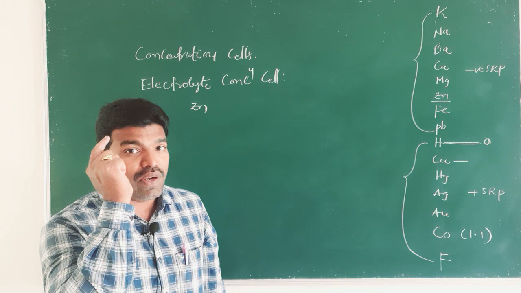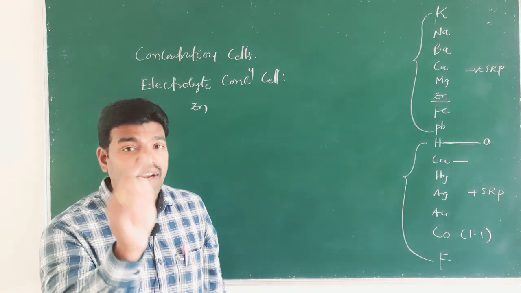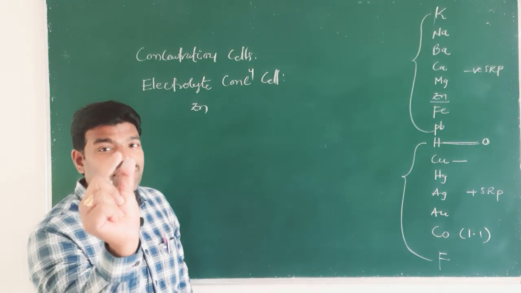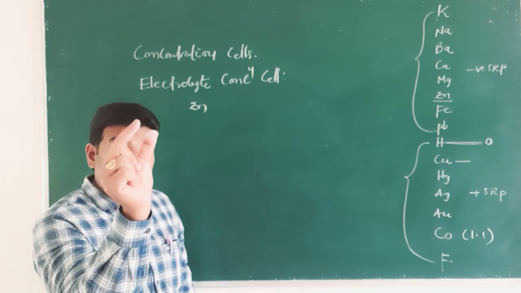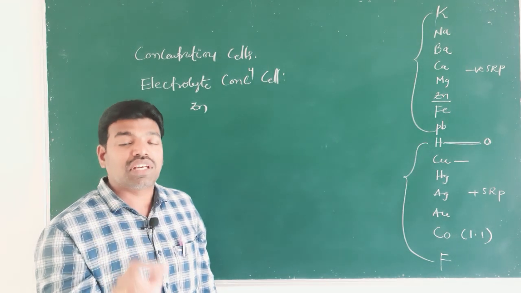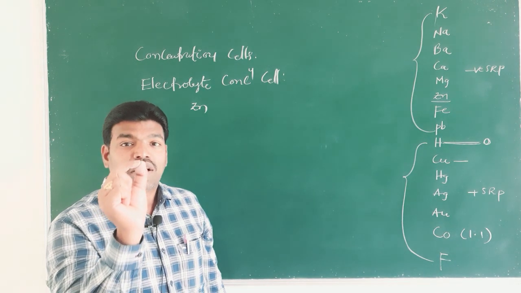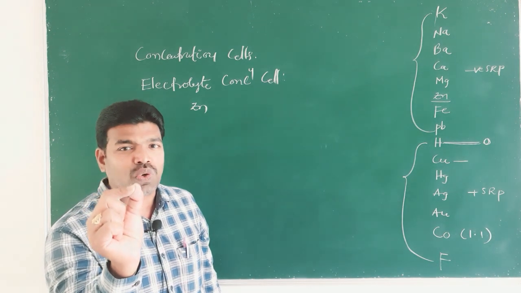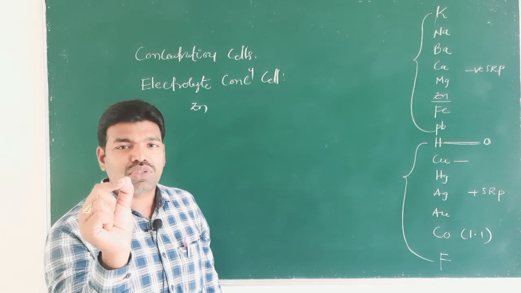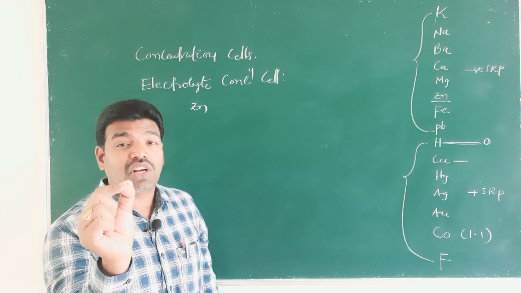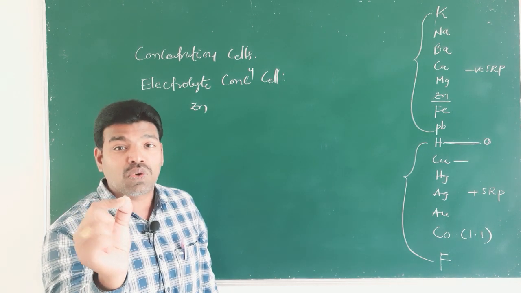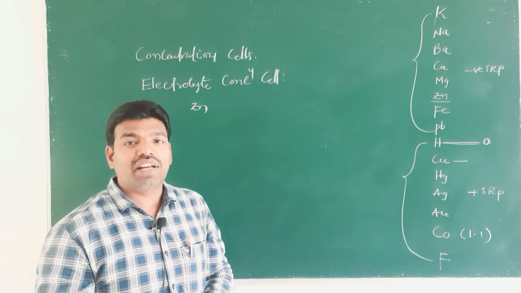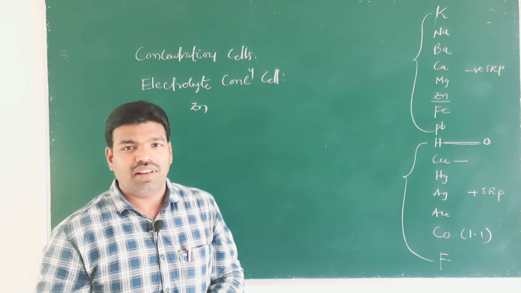So, it should be kept in your mind that in concentration cells, the initial EMF is high, but in due course the EMF goes on decreasing and reaches 0, whenever the concentrations of electrolytes become equal.